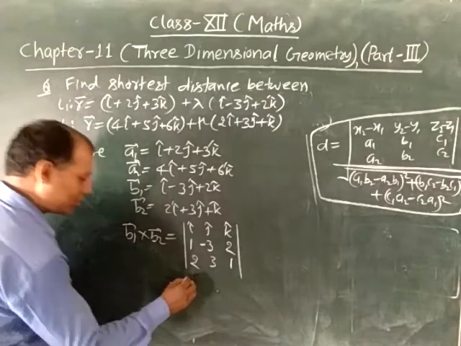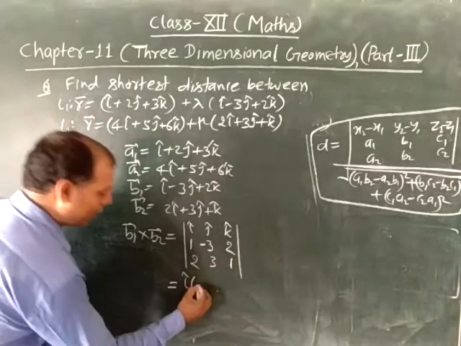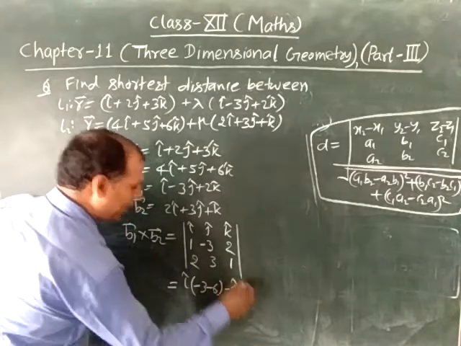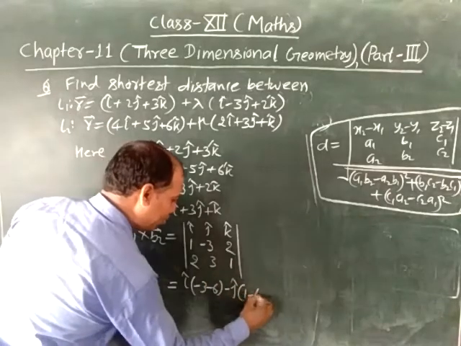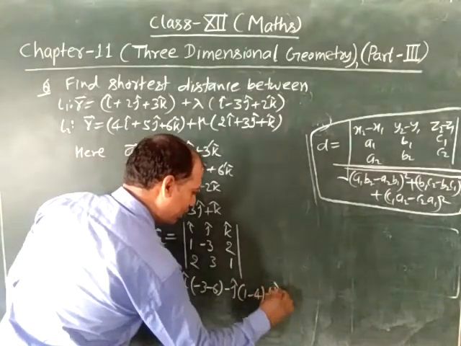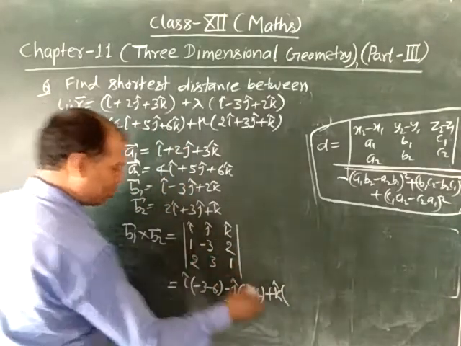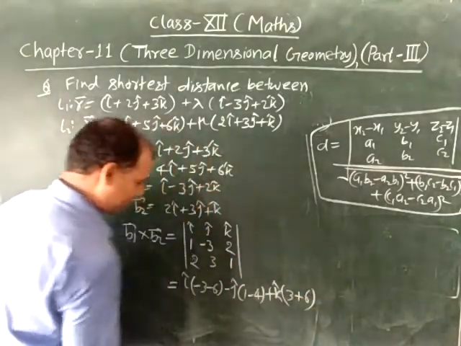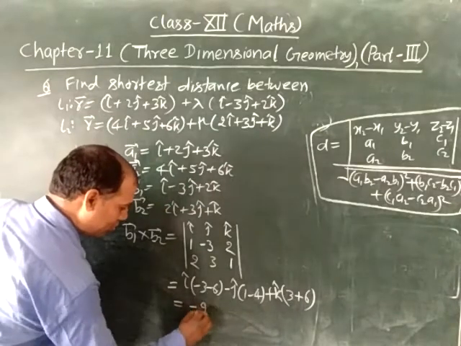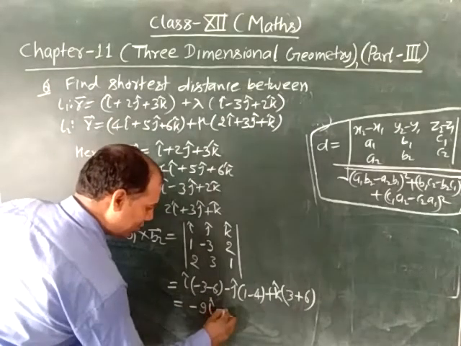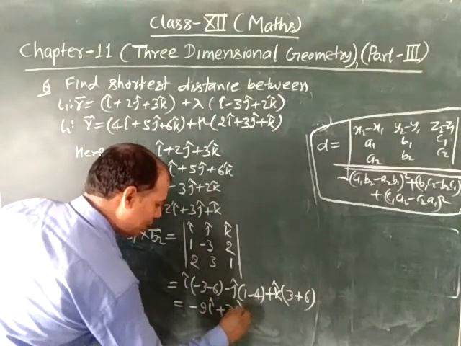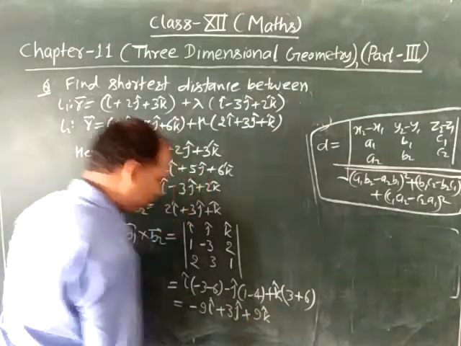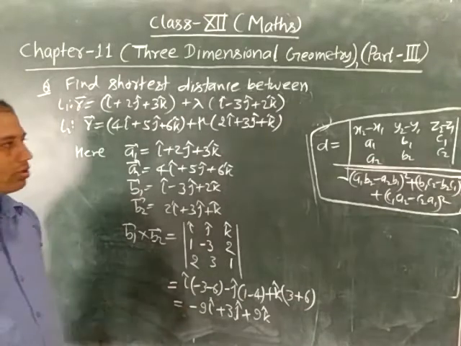Now expanding this, we can write it as i(minus 3 minus 6) minus j(1 minus 4) plus k(3 plus 6). So this is equal to minus 9i plus 3j plus 9k. This is the value of b1 cross b2.